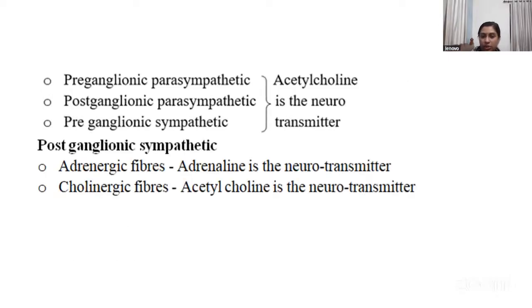Here we have to remember one thing. All the preganglionic fibers, whether parasympathetic or sympathetic, use only acetylcholine as the neurotransmitter. Also, the postganglionic parasympathetic fibers use acetylcholine. In postganglionic sympathetic fibers, there are adrenergic fibers and cholinergic fibers also.